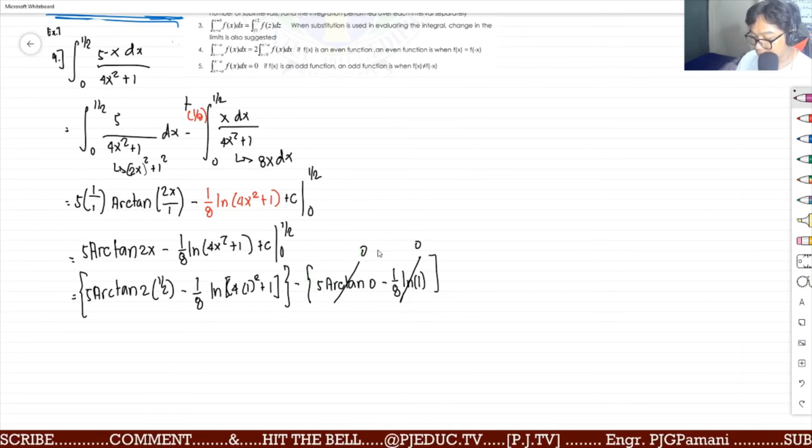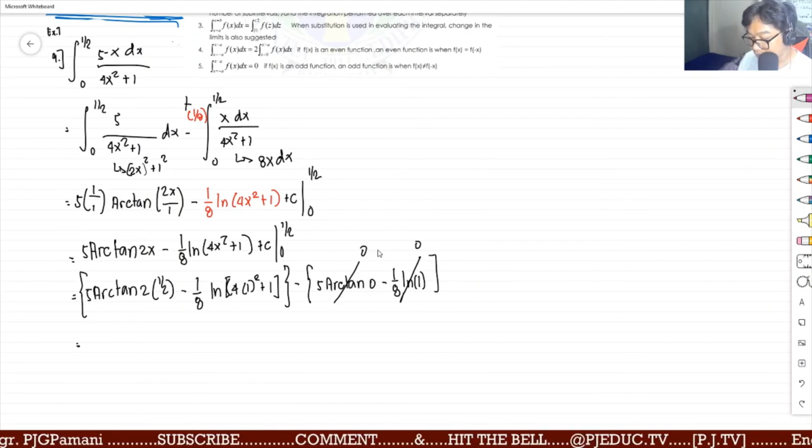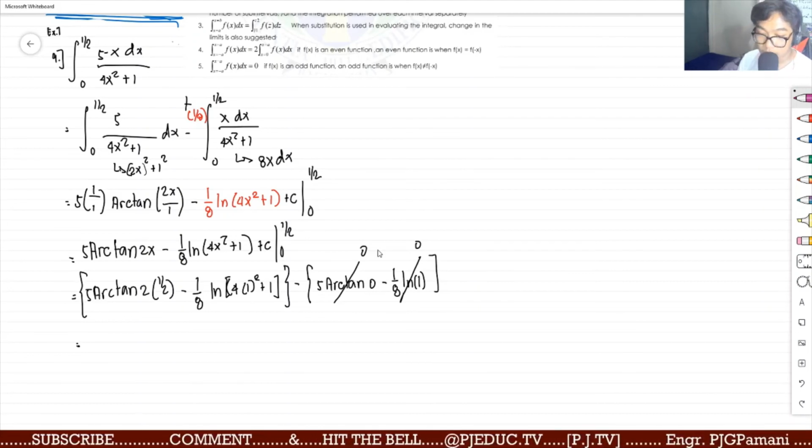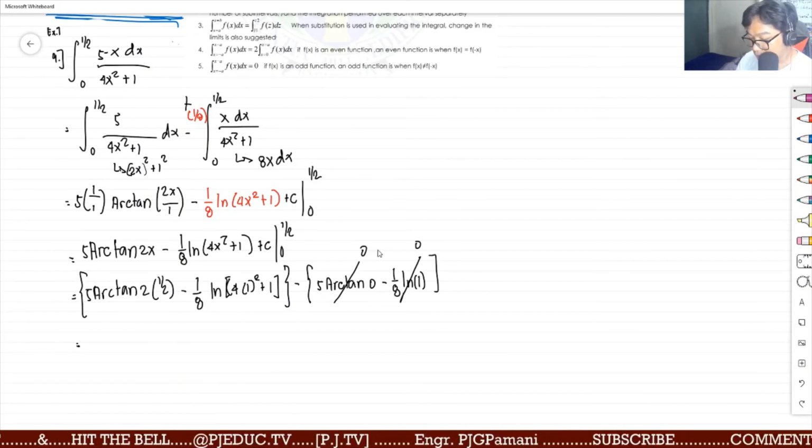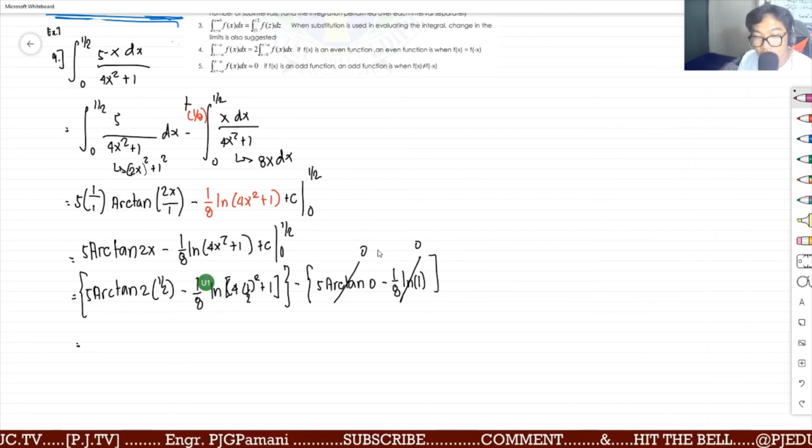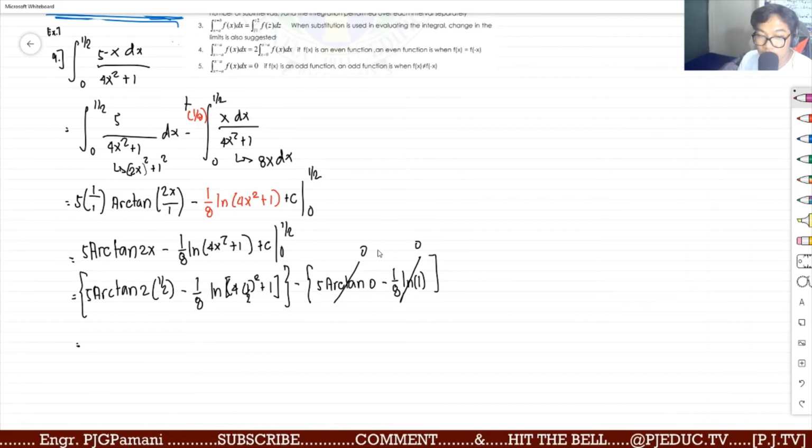That is 5 arctan 1 minus 1/8 of ln 5. Ln 5. Tama ba? Alright. Ay, hindi. 1/2 yun. 1/2 squared times 4 is 1/4. 1/4 times 4 is 1 plus 1, 2.